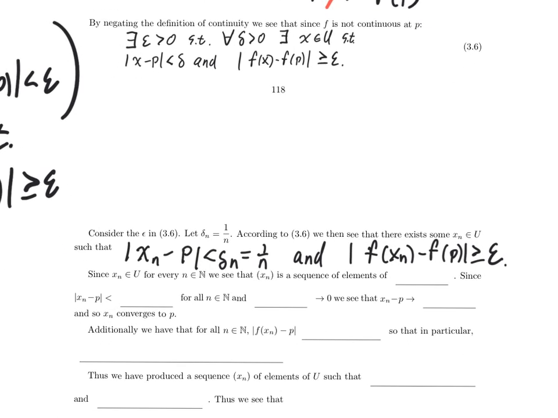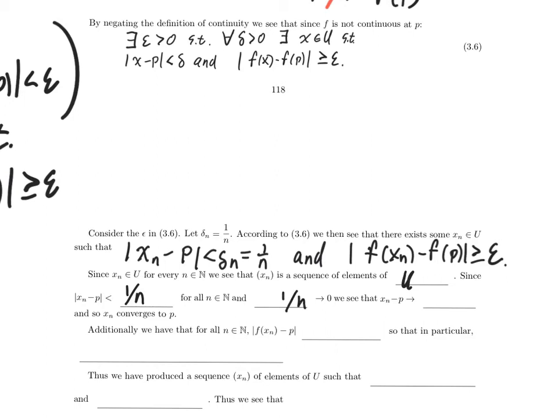All right, so let's write everything down. I know that x_n is in U for every natural number n, so x_n is a sequence of elements of U. Now I have the absolute value of x_n minus p is less than 1 over n for every natural number n, and I know that 1 over n converges to 0.